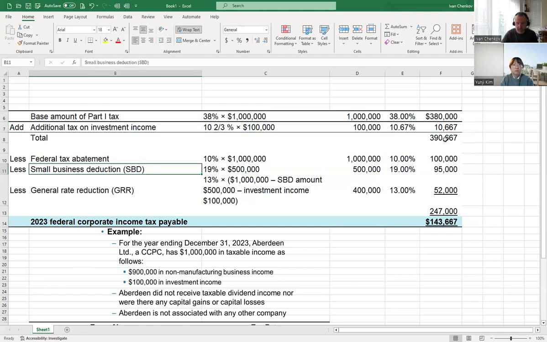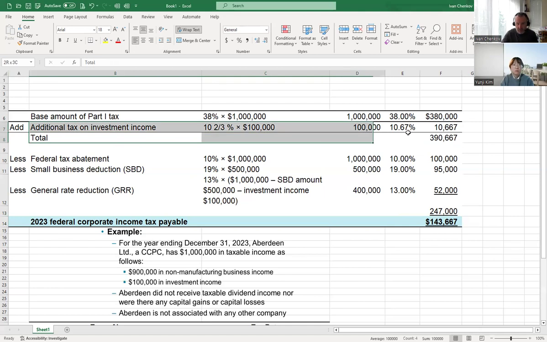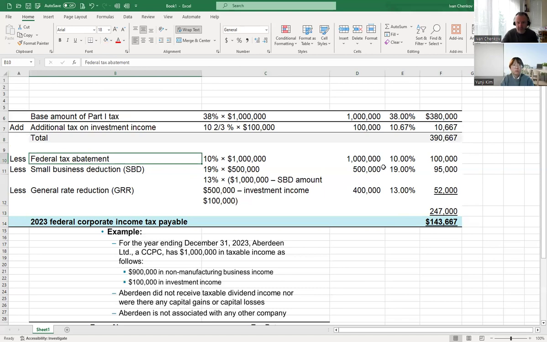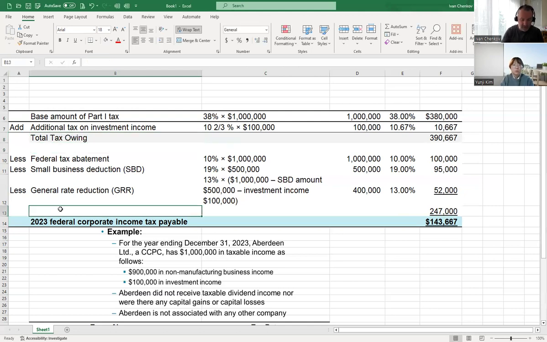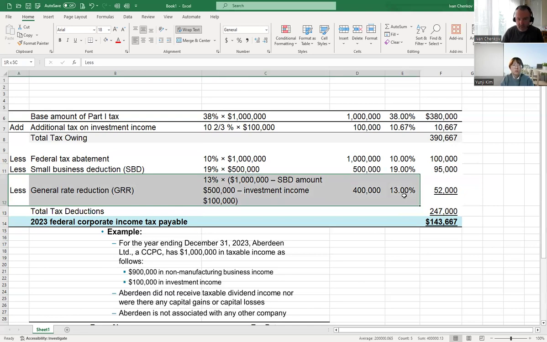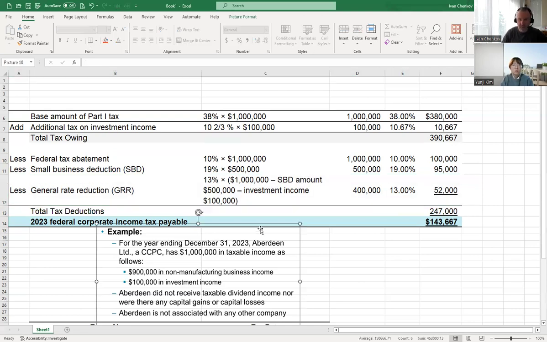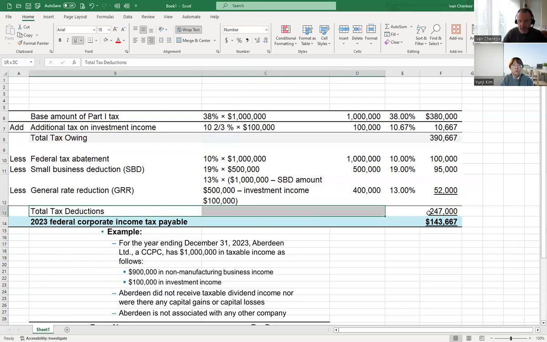That's going to come later. So this one is our total, first total that we have, and then we're chasing the rest. Those are the deductions, total deductions, total tax owing, total tax deduction, that will be our total tax deductions, and then we can see where we are.